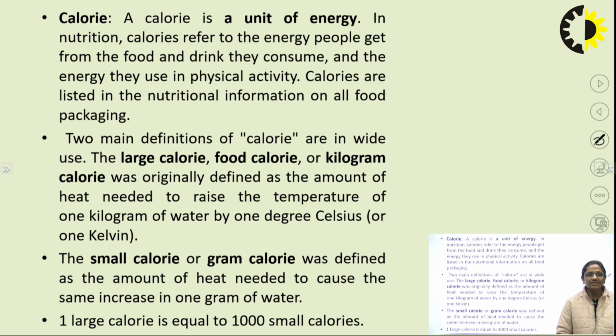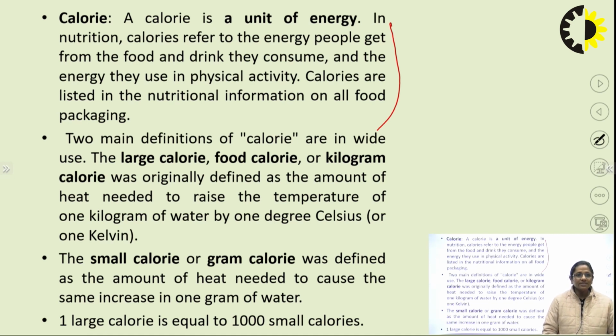Other units of energy are as follows. A calorie. A calorie is a unit of energy. In nutrition, calories refer to the energy people get from the food and the drink they consume and the energy they use in physical activity. Calories are listed in the nutritional information on all food packaging. Two main definitions of calorie are in wide use: the large calorie or the food calorie, or the kilogram calorie or the kilocalorie.